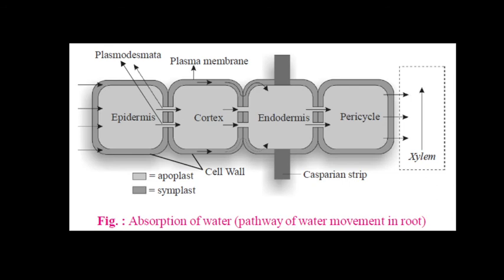So the water containing dissolved minerals enters from the root xylem vessels into the stem vessels, and the xylem vessels of the stem branch into the leaves of the plant. The water and minerals carried by xylem vessels in the stem reach the leaves through the branch xylem vessels, which enter from the petiole into each and every part of the leaf. In this way the water and minerals from the soil reach the leaves of the plant through the root and stem.